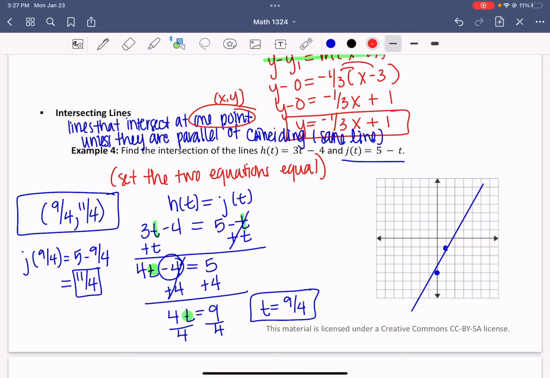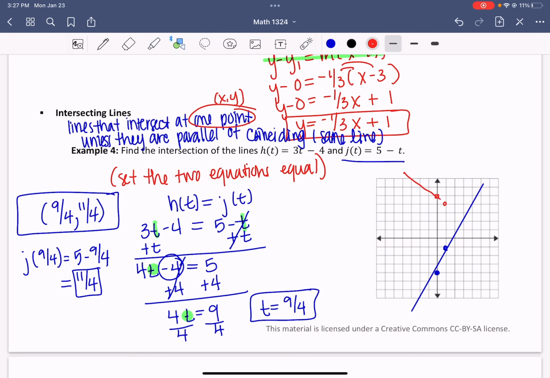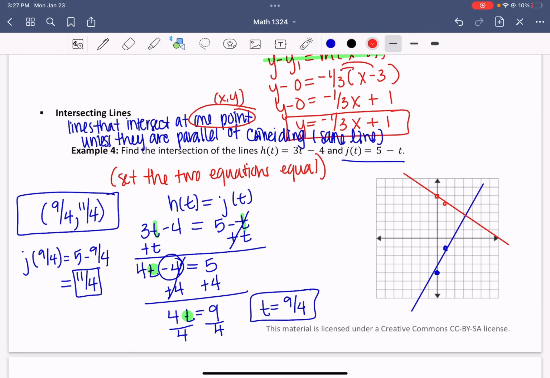And then I'm going to take the other one, which is at 5, 1, 2, 3, 4, 5, and down 1 over 1. These are not crossing at a very nice point. It's like 2 and a 4th. And so this wouldn't be one where we could just stare at a graph and get it, but our algebra skills are going to help us with this.